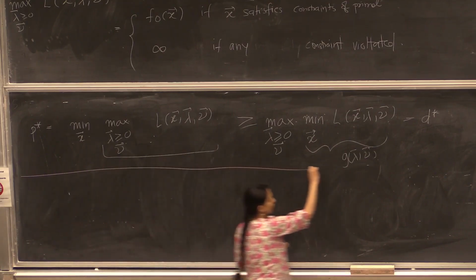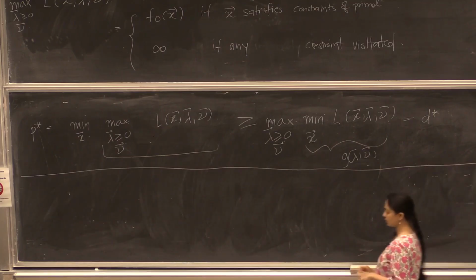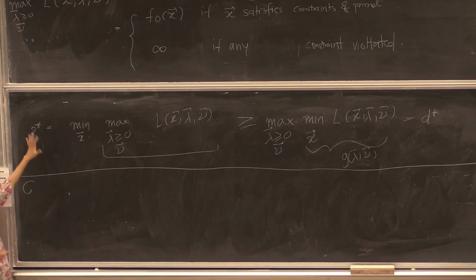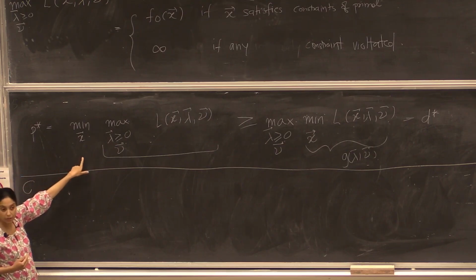Now I want to tell you how this connects to game theory. Any questions about this so far? Sorry, before I move on, I have not written any constraints here. Look at this minimax inequality. By using the Lagrangian, we are incorporating the constraints into the formulation of the primal and the dual. Why is this maximization of the Lagrangian equal to p star?